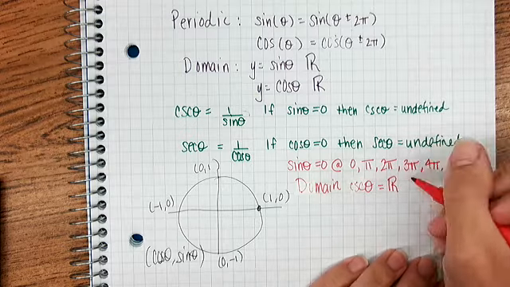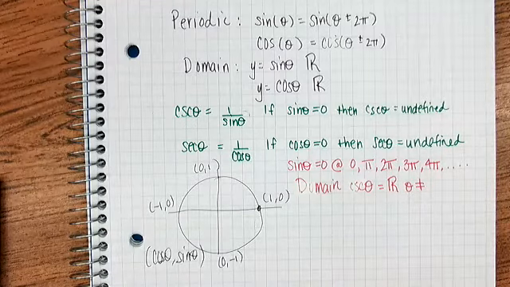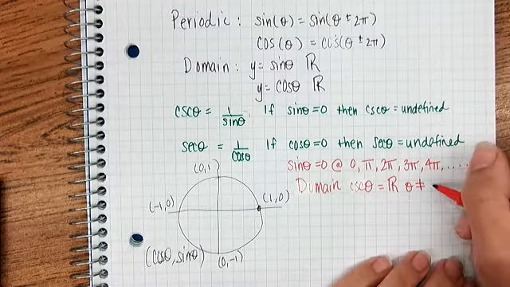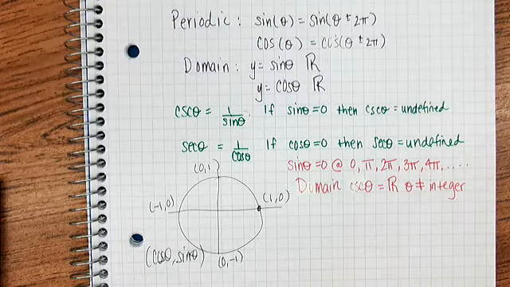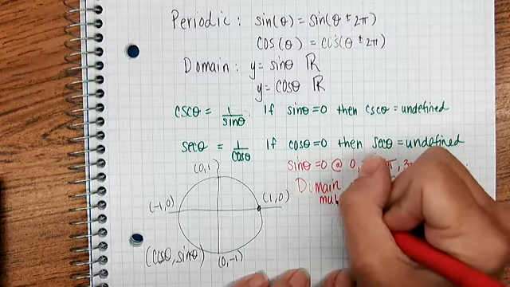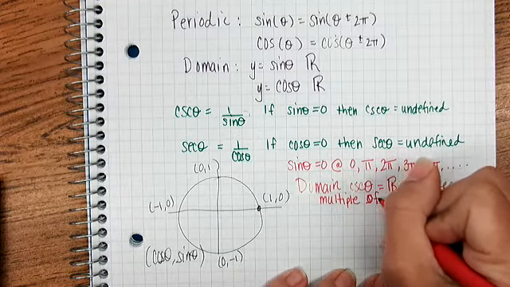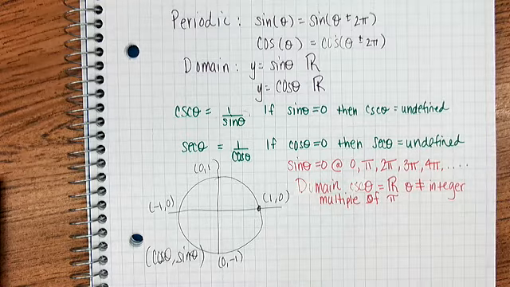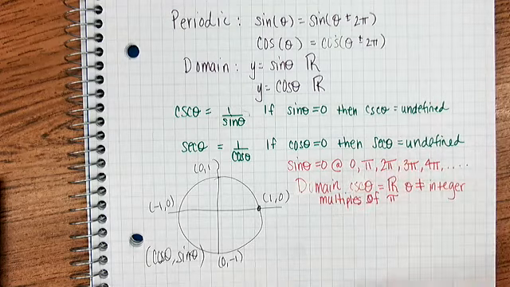All real numbers, theta not equal to integer, positive and negative whole number, integer multiples of pi. The domain of the cosecant function is all real numbers, theta not equal to integer multiples of pi.